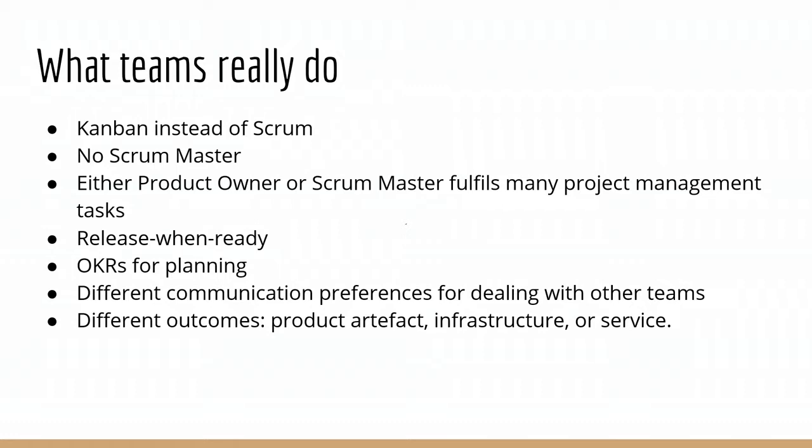Because some teams were using Kanban instead of Scrum, or they had no Scrum Master. Or they had a QA who was doing some Scrum Master duties, but not all. There were all kinds of project management tasks fulfilled by product owner, maybe by Scrum Master. Instead of a 2-week release cycle, there were teams that could just release when ready.